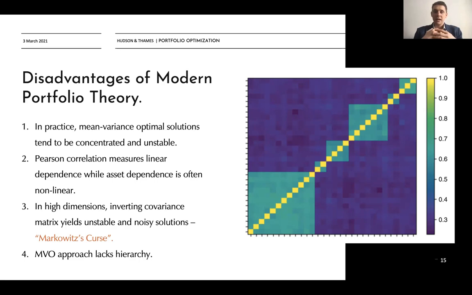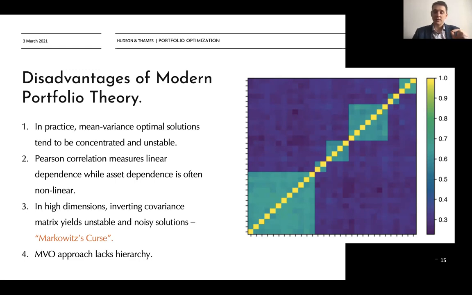This is how most discretionary portfolio managers think, and we need to somehow modify the approach of modern portfolio theory into this framework. That's what the HRP, HERC, and NCO algorithms do, but we'll discuss them later.